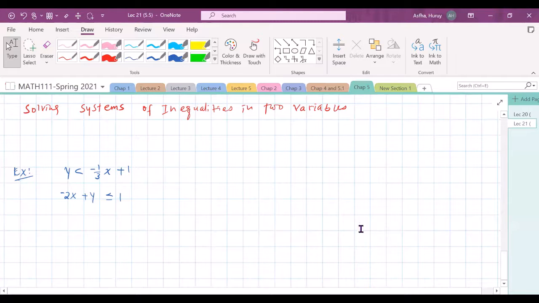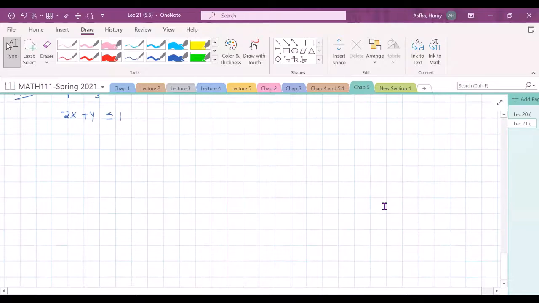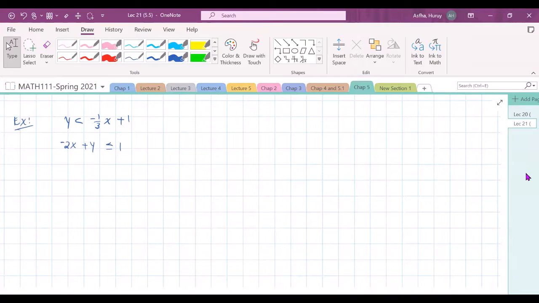So how do we solve this kind of system of inequalities? Now, what we do is we are going to solve each of them individually, which means I will rewrite this in the related form. So that becomes y equals negative 1/3 x plus 1.